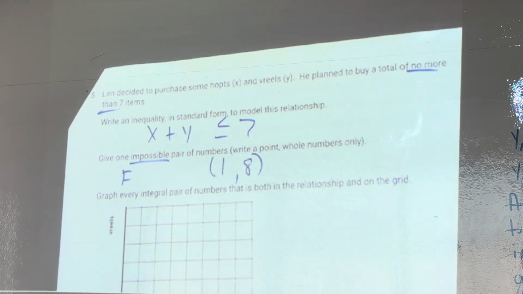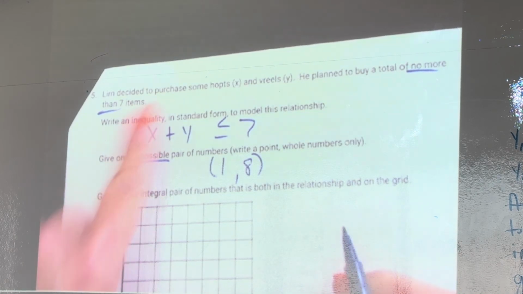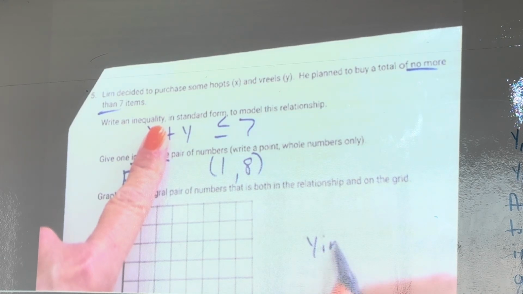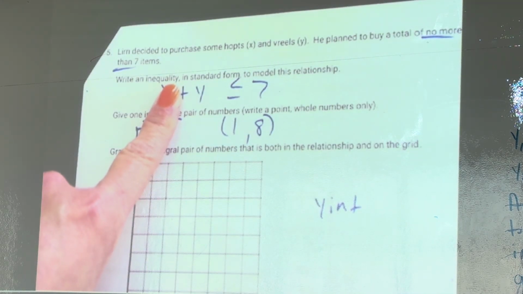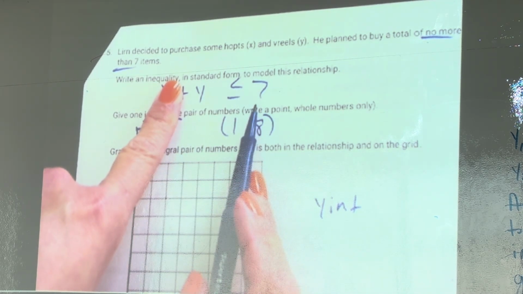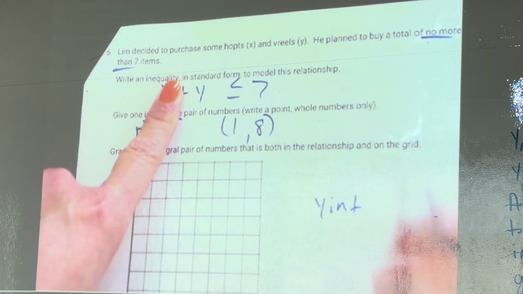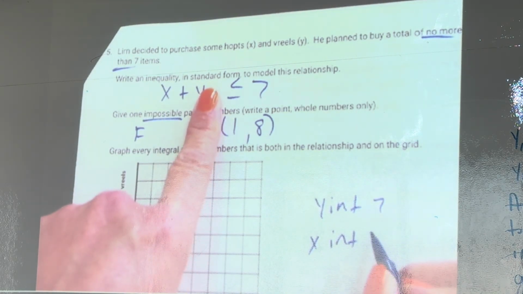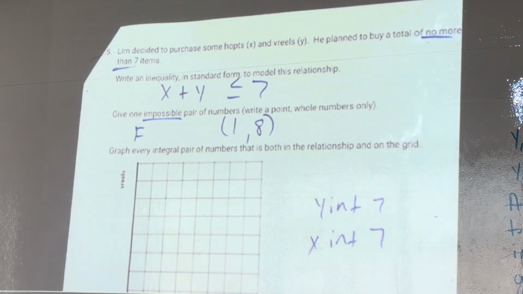So, Brayden, what is my y-intercept? So, if I cover up the x, y equals what? 7. Yep. And my x-intercept is also 7.